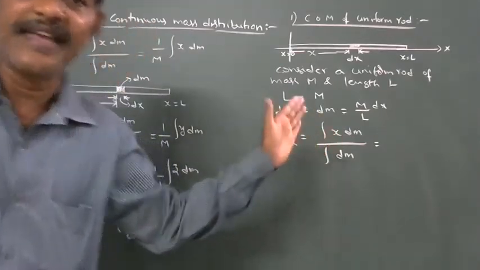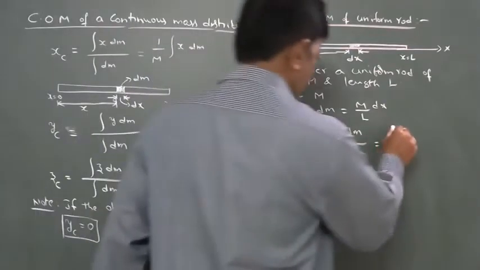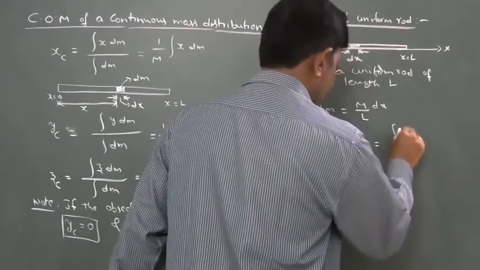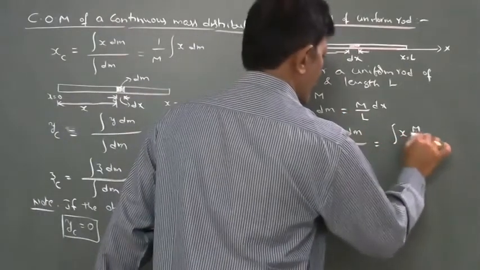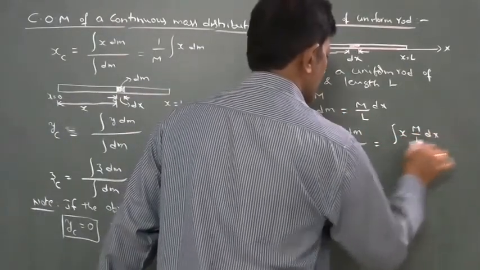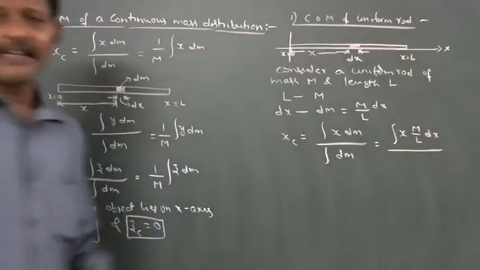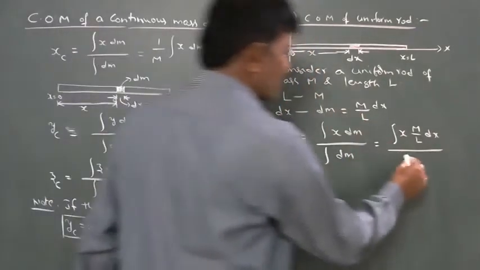Integral x into dm, where dm is m by L dx, divided by integral dm, which is the total mass m.